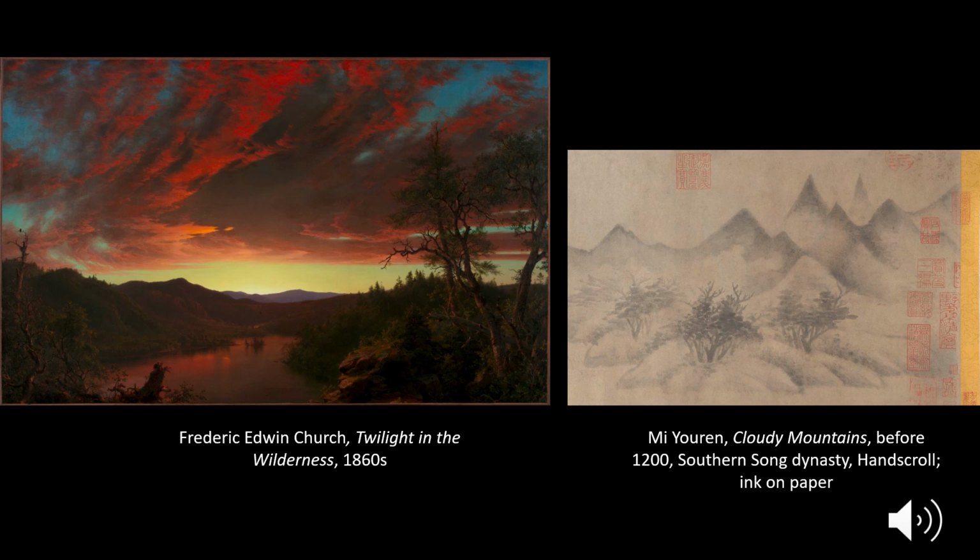For instance, in the painting at left, a painting by Frederick Edwin Church, we have an artist working on the very eve of the American Civil War. And the painting can be interpreted by analyzing its form and iconography and context as showing ambivalence about man's presence on Earth.